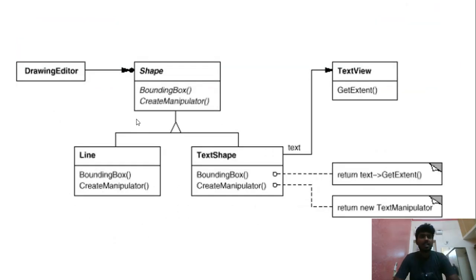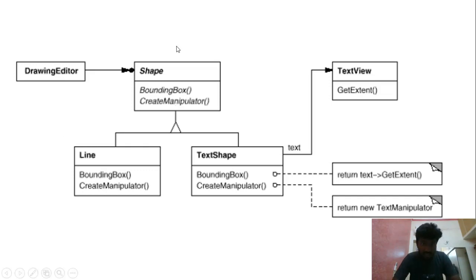So let's see a real example for this adapter pattern. Here, this drawing editor is a client and this shape class is a target, which needs to work with this text view. So basically, this is a drawing editor that lets users draw and arrange graphical elements such as lines, polygons, text, etc. into pictures and diagrams.